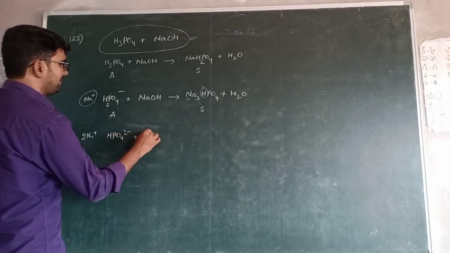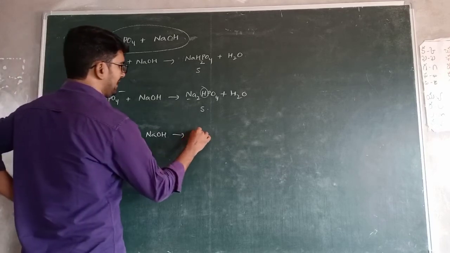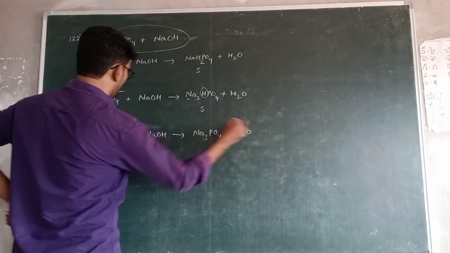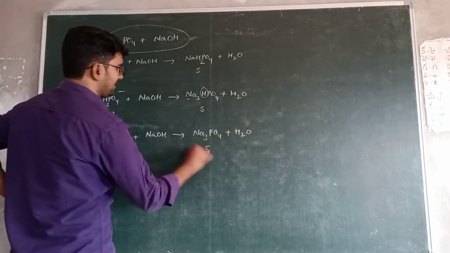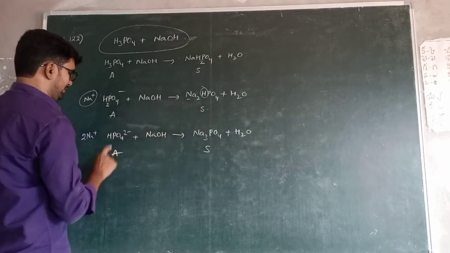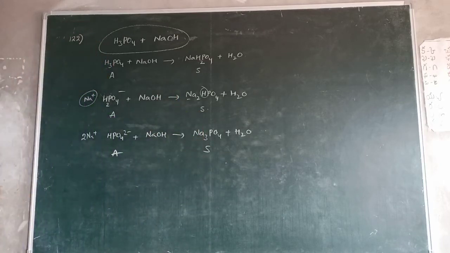This again reacts with NaOH, giving rise to Na3PO4 plus H2O. So this is an acid, this is a salt. This mixture is one buffer solution, this mixture is another buffer solution, this mixture is another buffer solution. Total 3 buffer solutions can be formed by the addition of H3PO4 and NaOH in neutralization reactions.